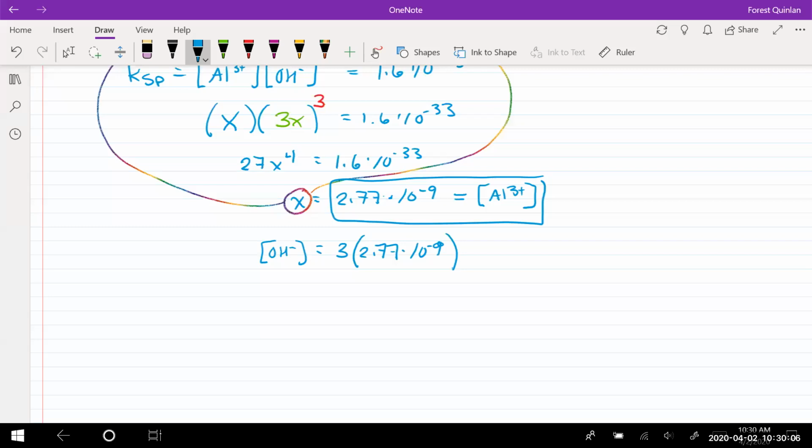And that is going to be 8.32 times 10 to the negative 9.